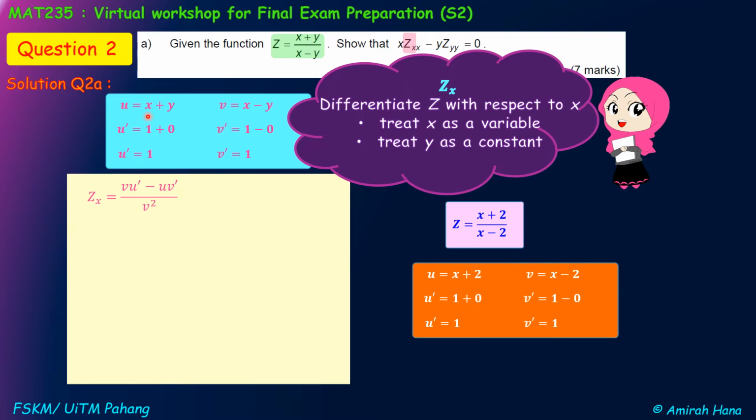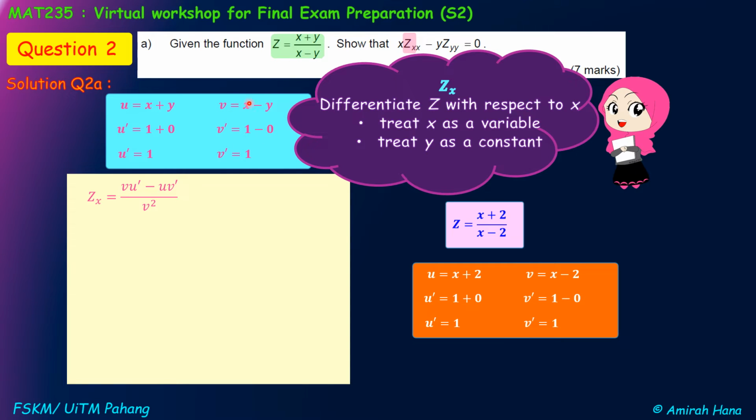Since x is a variable, when we differentiate x with respect to x, the answer equals 1. And since we treat y as a constant, when we differentiate any constant, the answer equals 0. After we simplify, we have u prime equals 1.